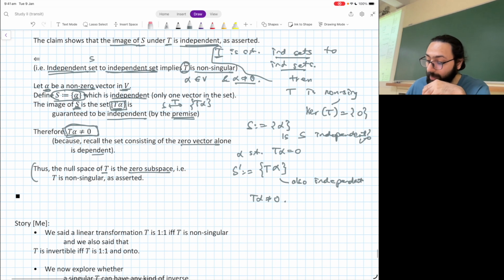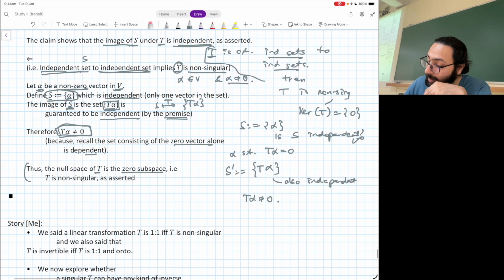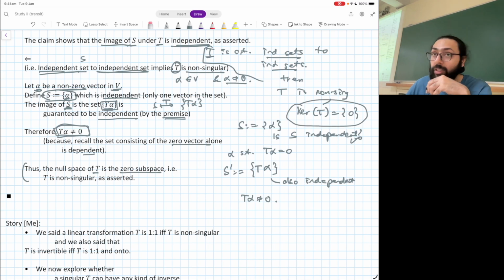That essentially completes the proof, because we wanted to argue that the kernel of T can only have the 0 vector. And we just argued that regardless of which vector you take, it cannot give you 0 under the mapping of T. The only way it gives you 0 is if alpha is 0, which is what we want.